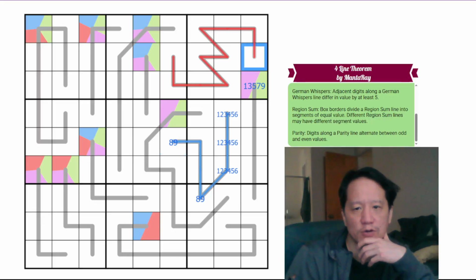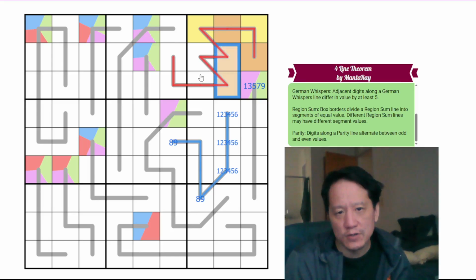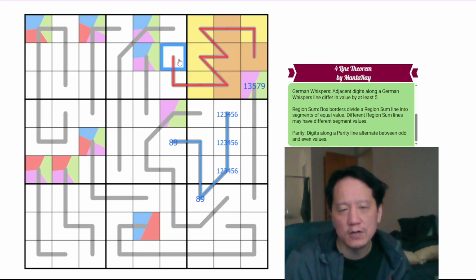We're going to make this orange and yellow. So this is orange, this is yellow. Again, you alternate between odd and even values. So this is orange here, and these are all yellow. Interesting. So orange, yellow, orange, yellow, orange, yellow, orange, yellow. This is orange, and this is yellow.